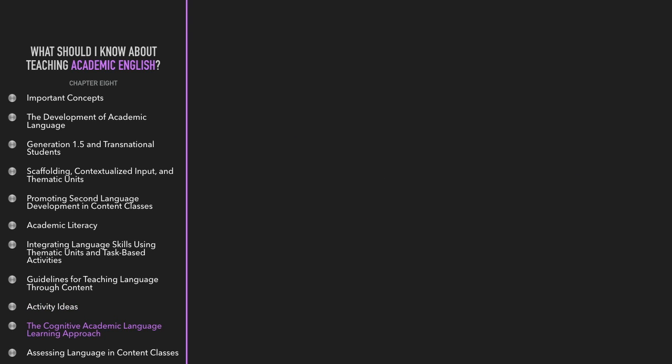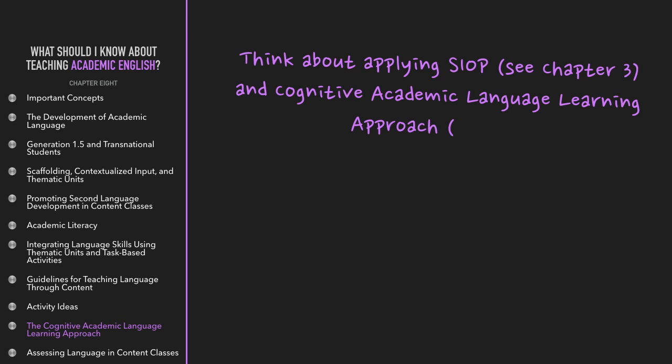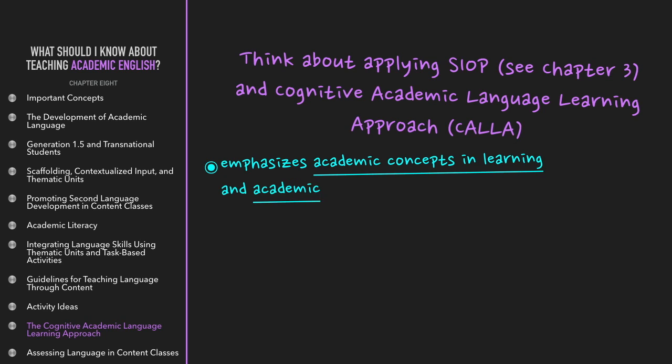We saw 2 slides ago about the importance of applying the SIOP model, which was talked about way back in chapter 3, and the Cognitive Academic Language Learning Approach, or CALLA, to academic classrooms. CALLA is widely used in CBLT, and it emphasizes the dual nature of academic concepts in learning and academic language.